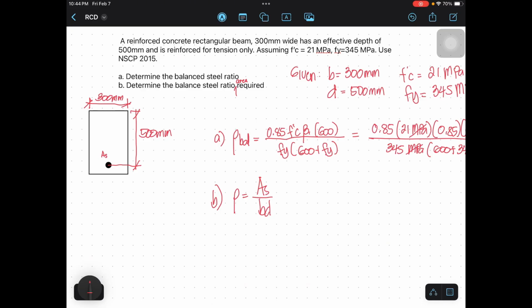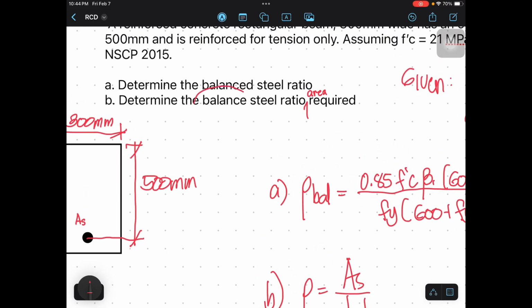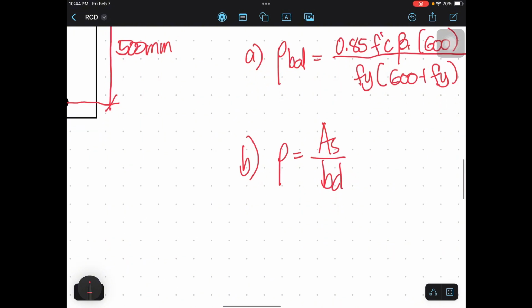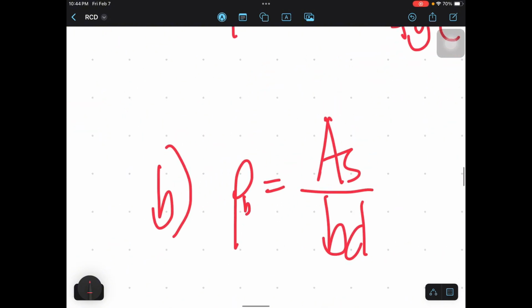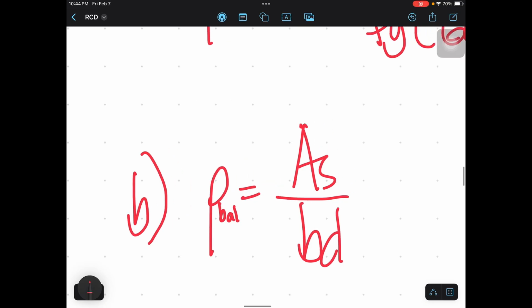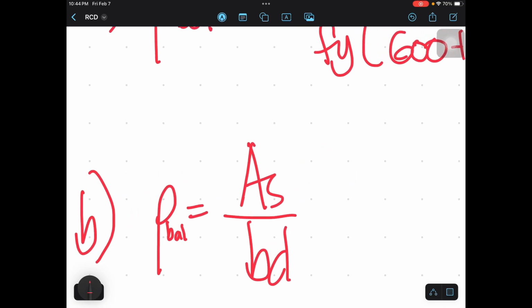However, since we are considering the balanced condition, we must indicate also that the balanced steel ratio that we're going to use and the area of reinforcement is also the balanced condition.